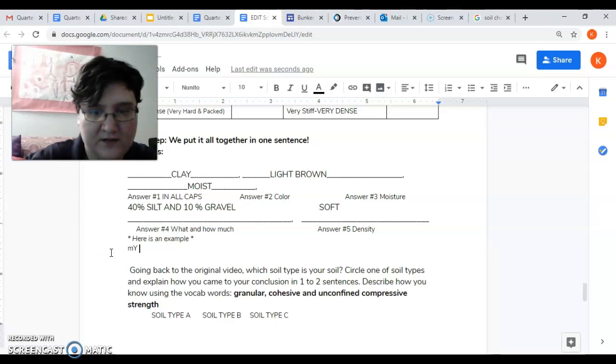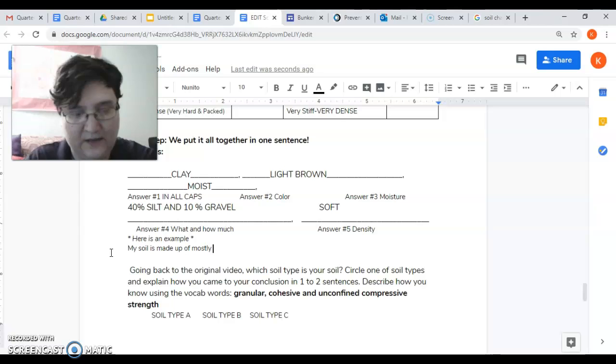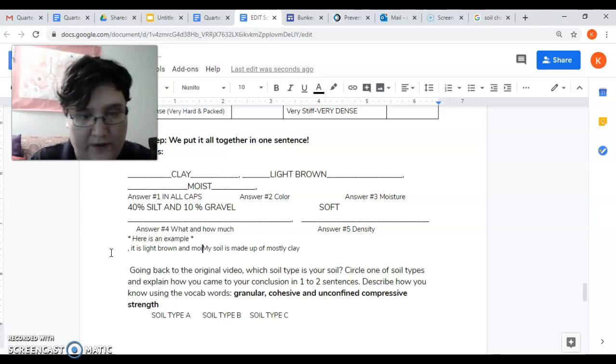So my soil, also get out of caps, my soil is made up of mostly clay. It is light brown and moist.